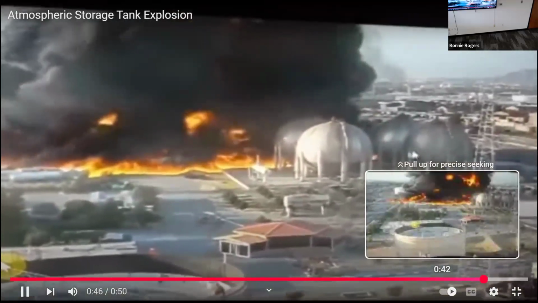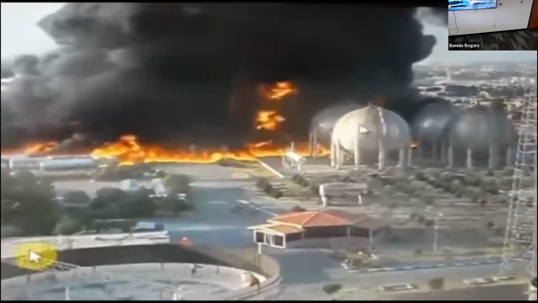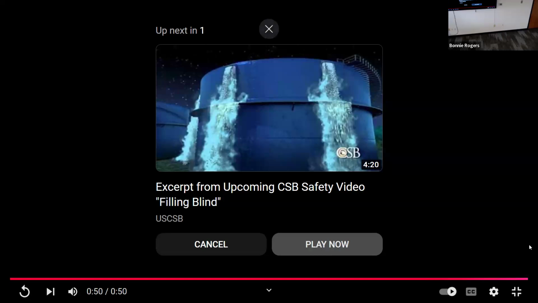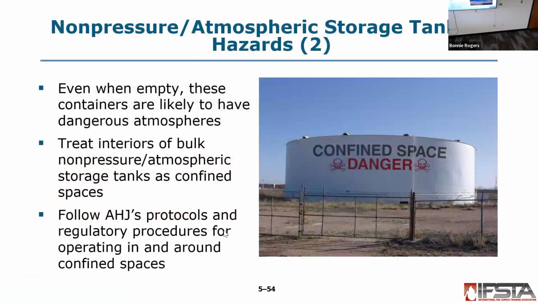I know. Cause you're all like, even that first one. Those are dangers. You have to be trained in confined space if you're going to go in there.